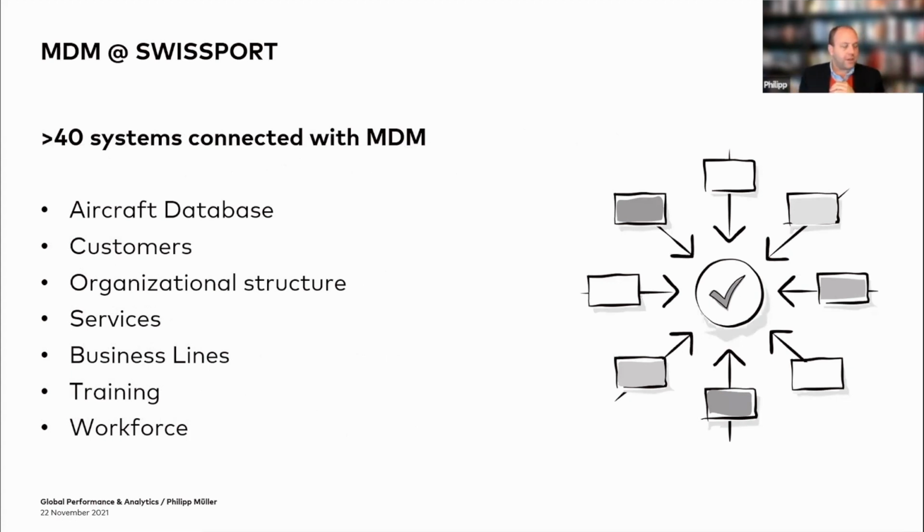And by regions, I mean mainly organizational regions, not geographical regions that are static. The whole service management, business lines, training, as you will see later, and the whole workforce management. So how many hours our employees work, at which airport, in what department, at what time, all this is managed out of MDM.